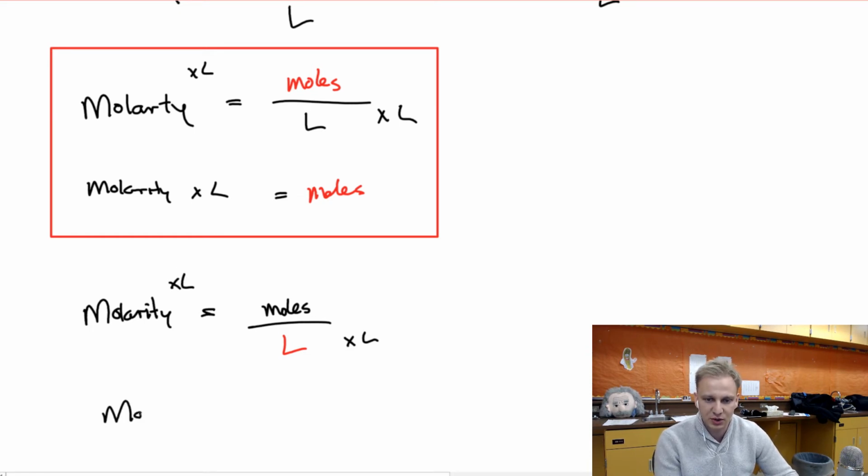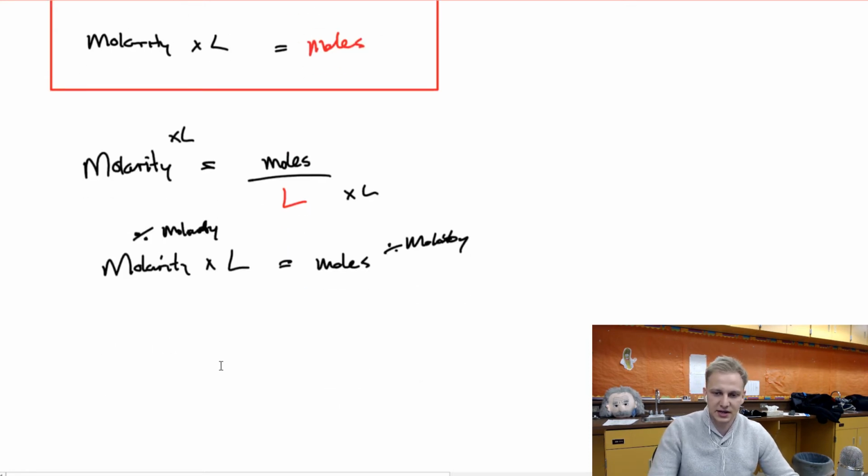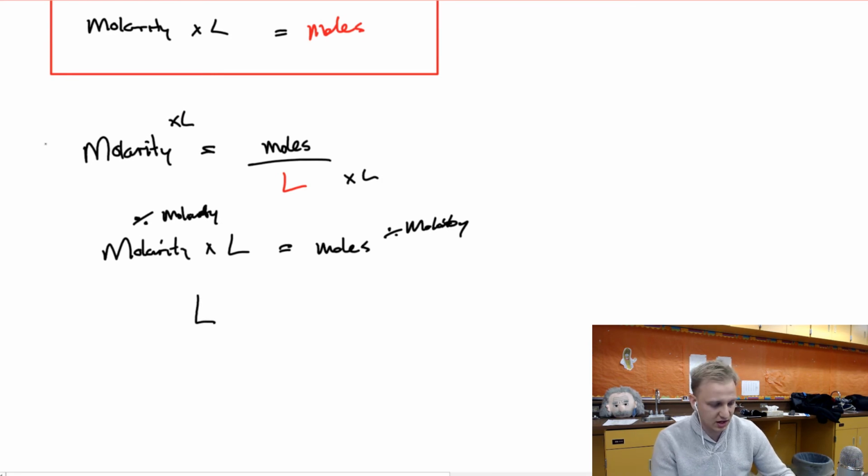We'd end up with molarity times liters is equal to moles. And then to get liters by itself here, we'd need to divide this side by molarity. And then we'd need to actually solve. And when we do so, we'd end up getting this liter by itself, and that would be equal to moles over molarity.